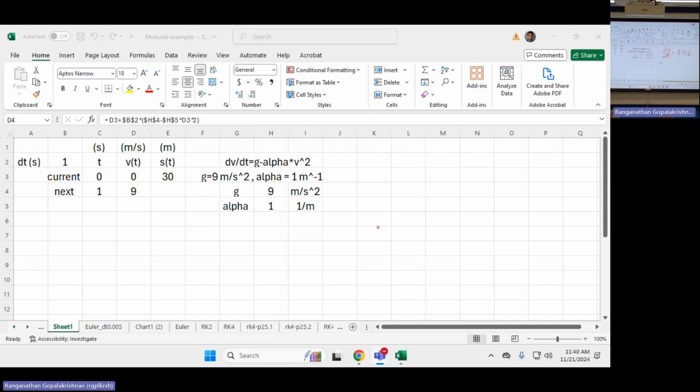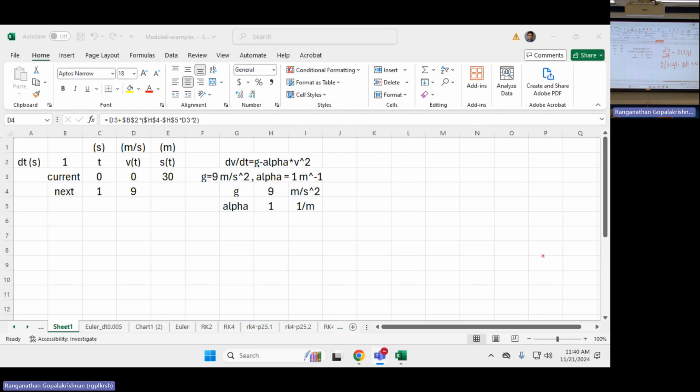So it's like writing y at the next time step, at t plus delta t, equal to y at this time plus delta t multiplied by f of t comma y.